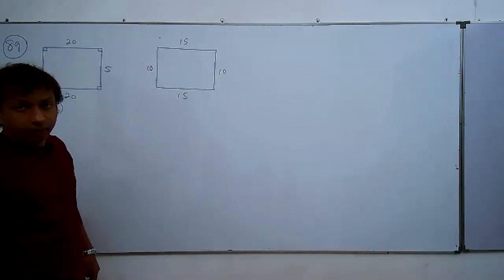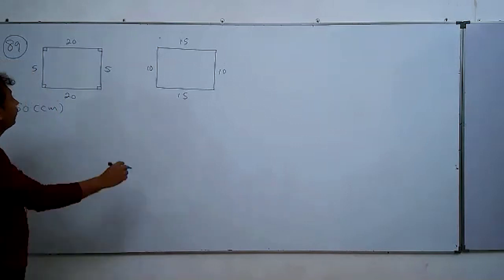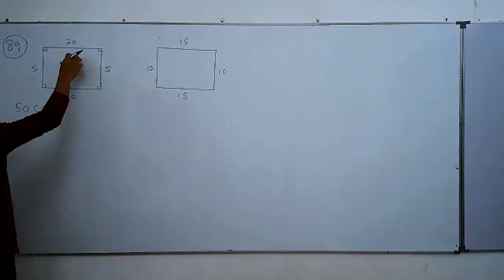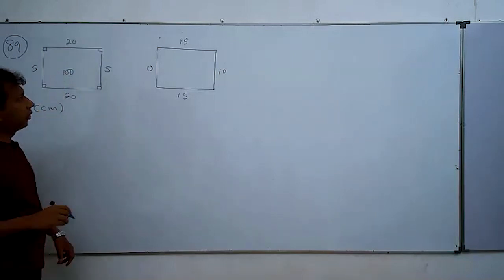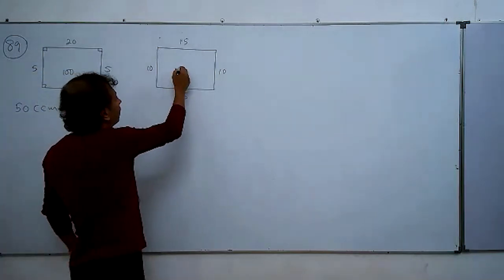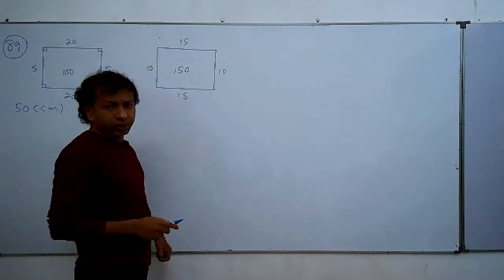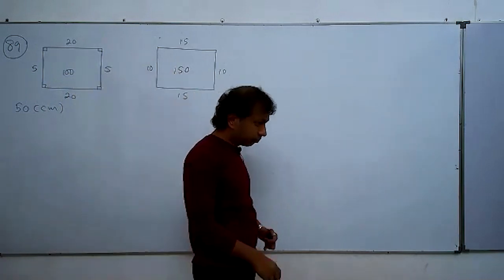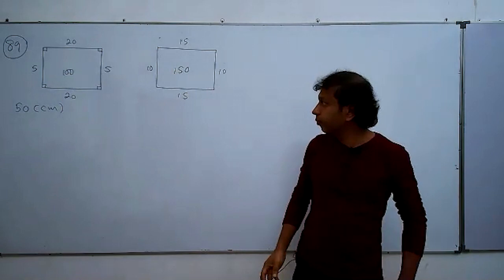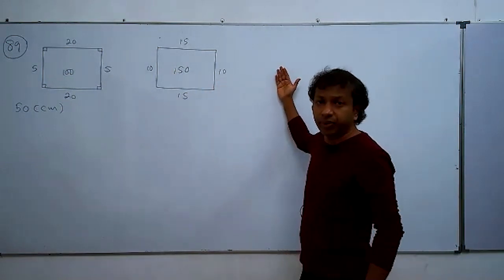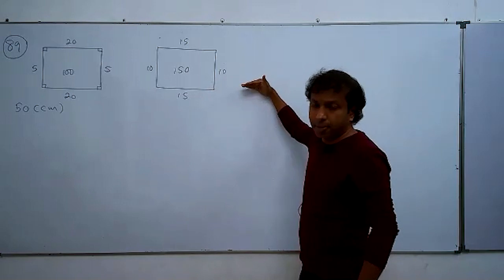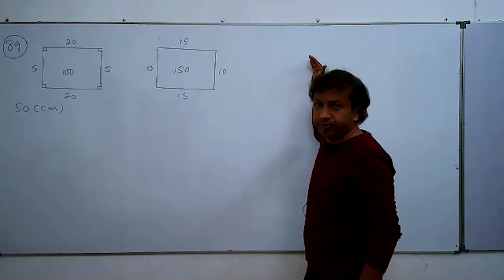Right. But you can see, people, when we calculate the area of this rectangle, this is 100 square centimeters. This is 150 square centimeters. Like that, though the perimeter is the same, the area varies.